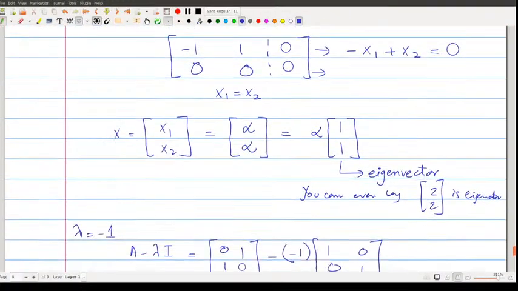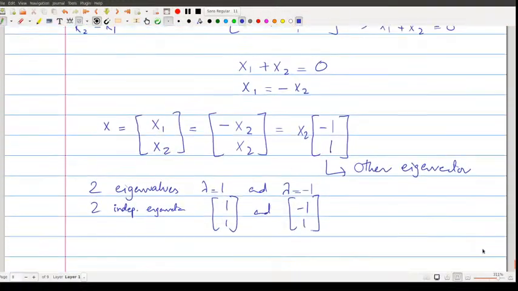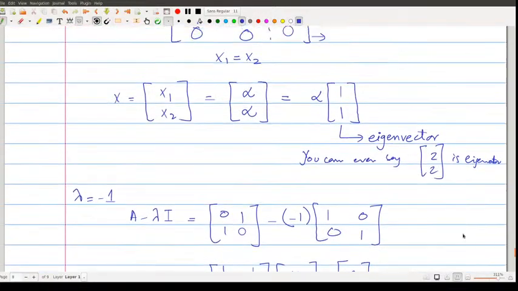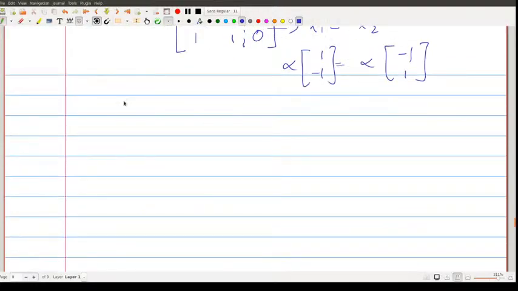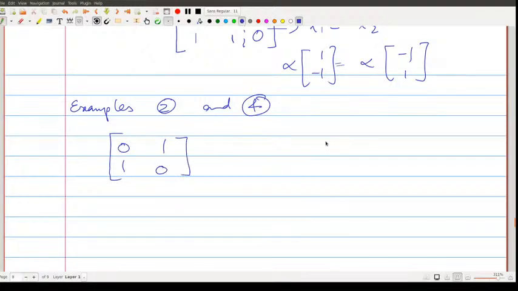Over here, notice that we got the same eigenvectors, minus 1 and 1, and the first one was 1 and 1, right? So ignoring the wrong order, notice that examples 2 and 4 tell us something important. Example 2 was 0, 1, 1, 0, and example 4 was 2, 1, 1, 2.